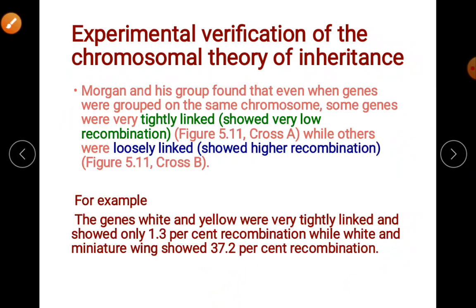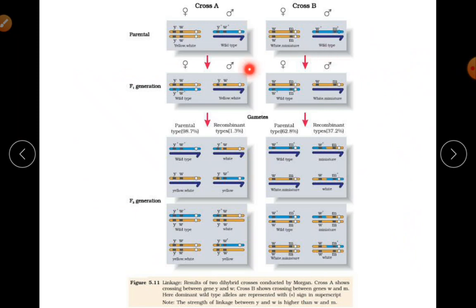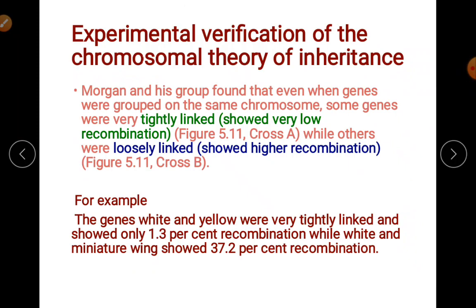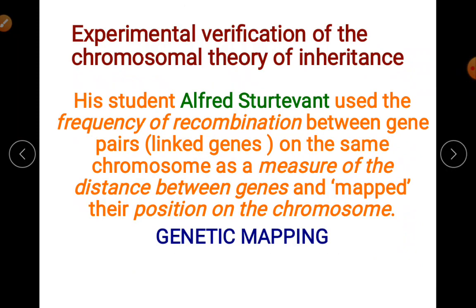You can find here 1.3% recombination occurs, and 37.2% recombination occurs. This is the frequency. If it is tight, only 1.3%. If it is loose, we are talking about a higher percent of recombination. Even looking at the picture, you can say if far, higher chances of recombination; if close, fewer chances of recombination. I hope you got the idea.